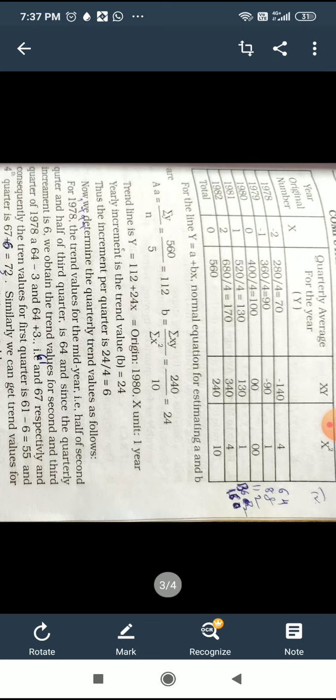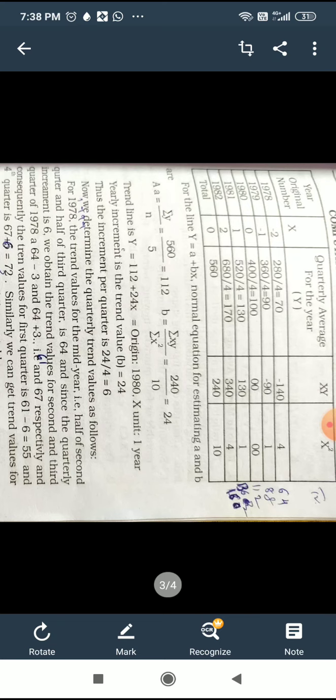After getting this y value, we calculate xy, that is x into y. First we multiply the signs, minus into plus is minus, 2 into 70 is 140, like that we calculate xy.